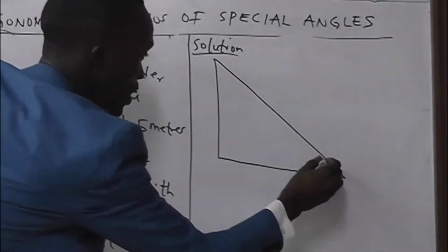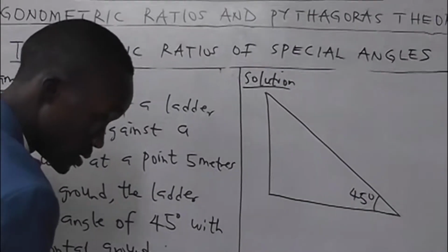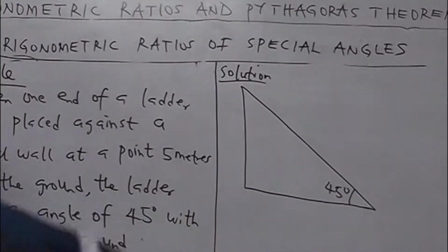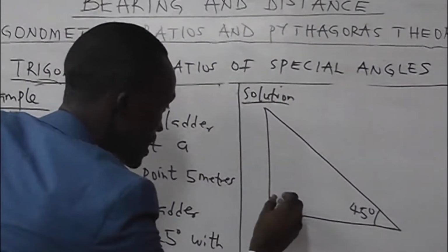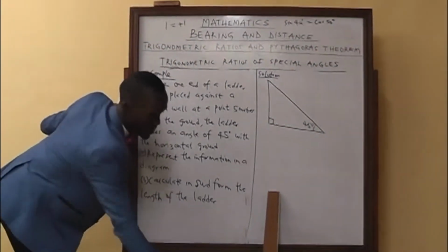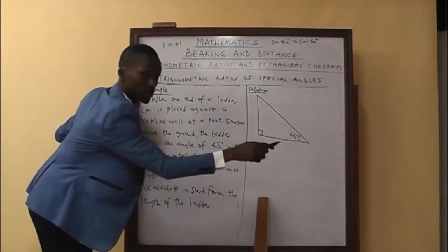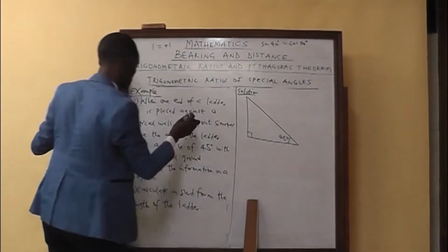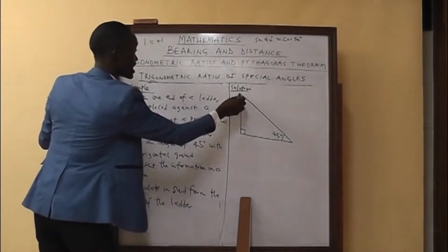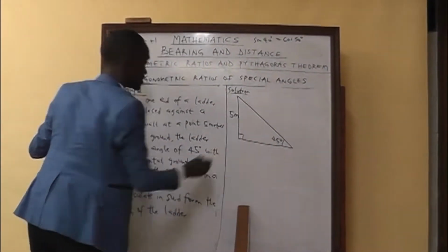So this one we are given as 45 degrees. That is the angle that the ladder is making with the horizontal ground, and this is the right angle because the wall is perpendicular, is at right angle to the horizontal ground. And we are given also that the ladder is touching the wall at a point 5 meters above the ground.